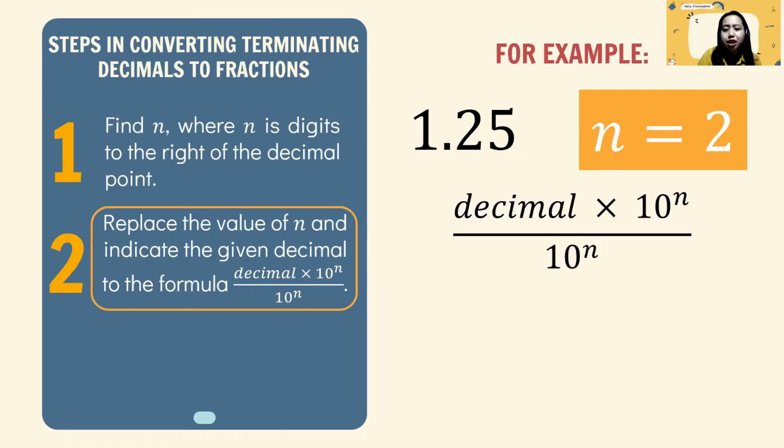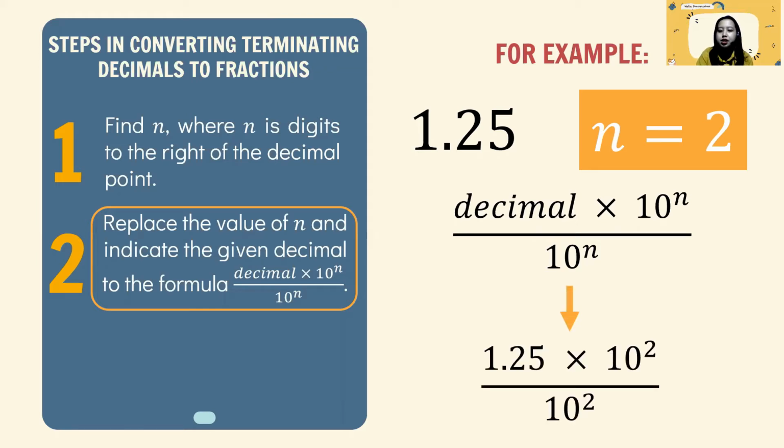So if I have here the formula, I want you to replace the value of n and indicate the given decimal number. You can answer it in your notebook. If we replace the value of n and indicate the given decimal in the formula, we will have this expression: 1.25 times 10 raised to 2 all over 10 raised to 2.